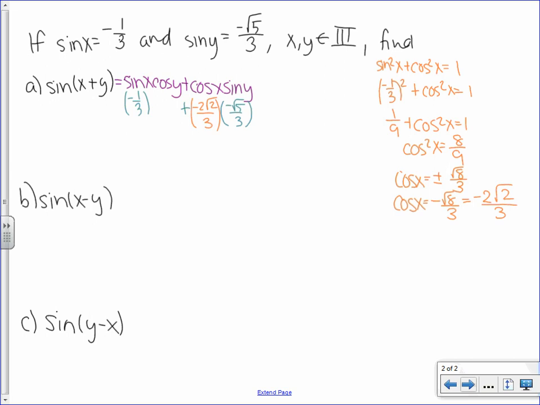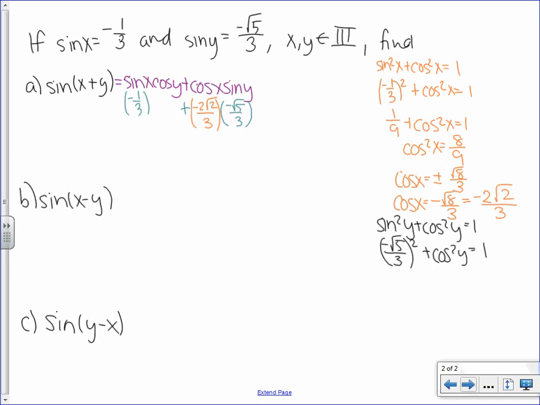And now I can go ahead and find the cosine of y. Another Pythagorean identity. So I've got sine squared y plus cosine squared y is equal to 1, and I'm plugging in negative the square root of 5 over 3 for sine y. Just like before, I'm squaring a negative, so I'm going to get a positive.